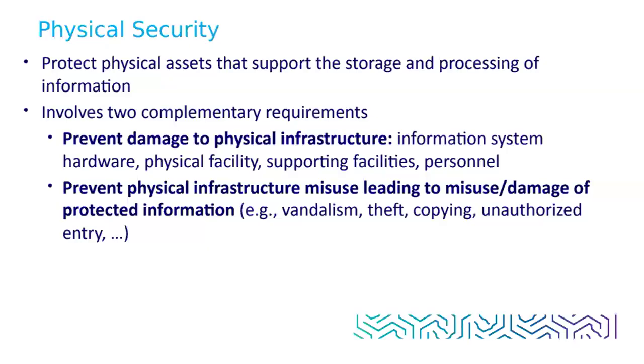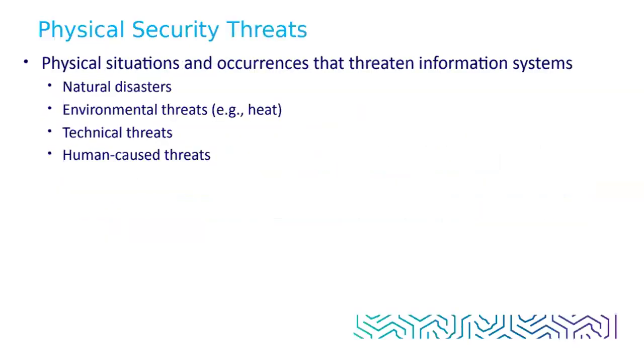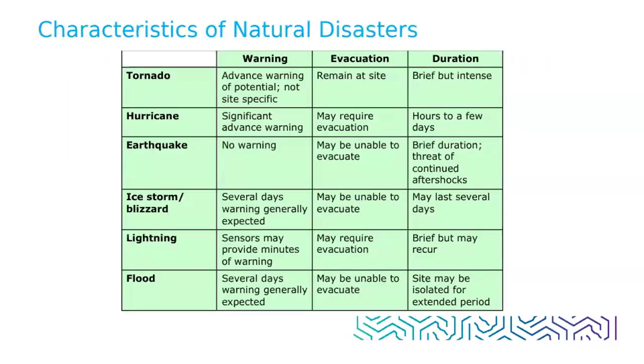So effective physical security requires both protecting infrastructure from damage and preventing its misuse, ensuring the hardware, facilities and personnel remain secure while reducing the risk of vandalism, theft, unauthorized copying, and even unauthorized access to sensitive information and all.